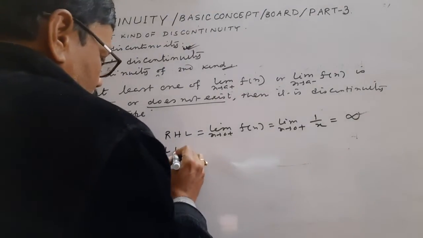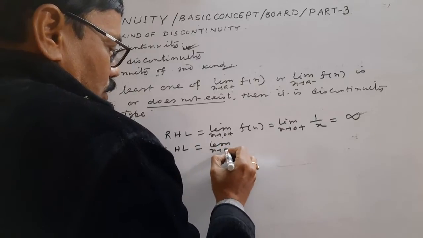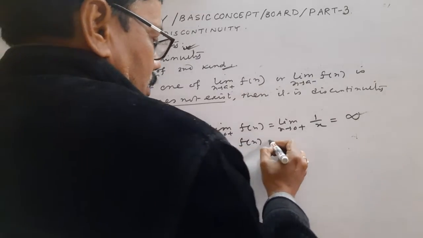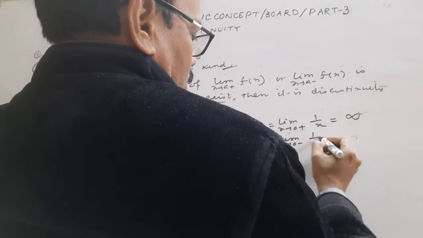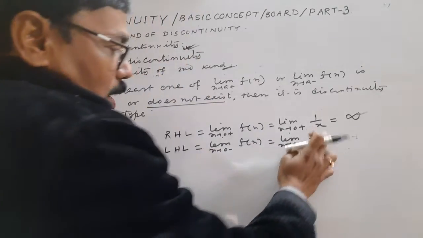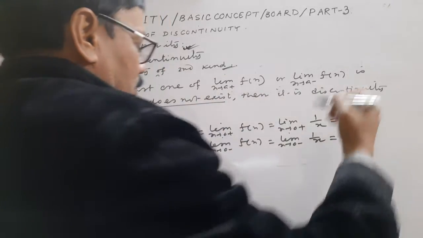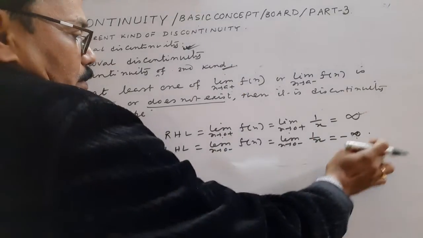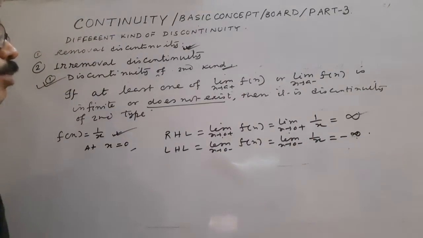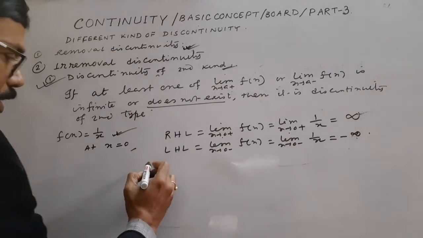Now what is LHL? Limit x tends to 0 minus f(x), so limit x tends to 0 minus 1 by x. 1 by very small negative number, so this is minus infinity. So at least one of them is infinite.